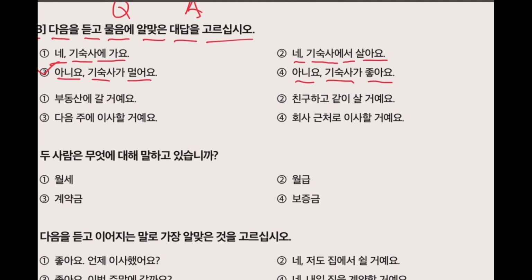1. 부동산에 갈 거예요. I will go to real estate agency. 2. 친구하고 같이 살 거예요. With my friend together, I will live. 3. 다음 주에 이사할 거예요.